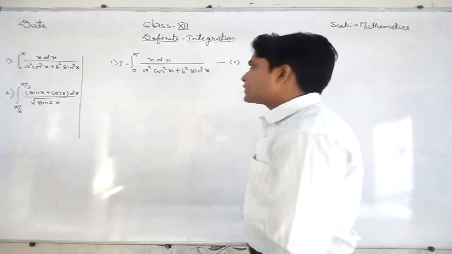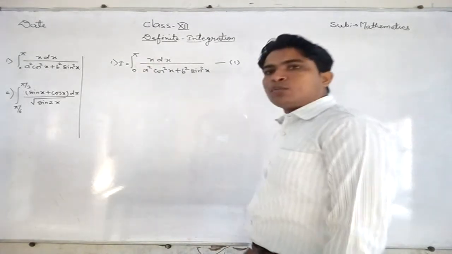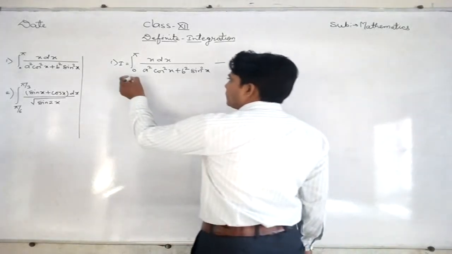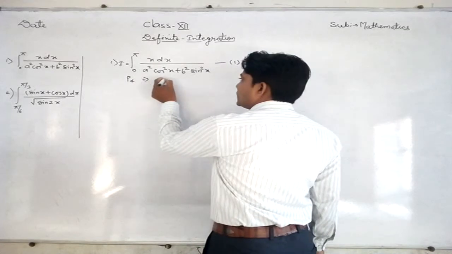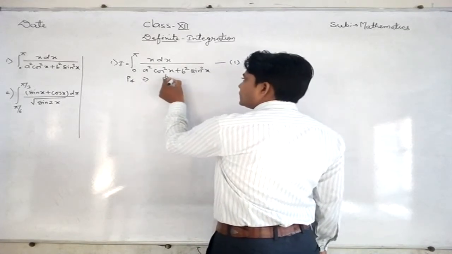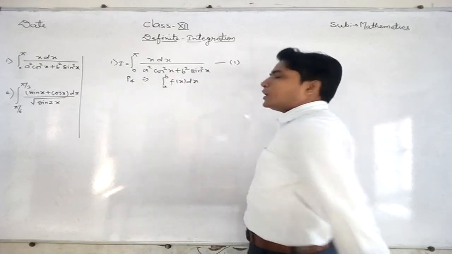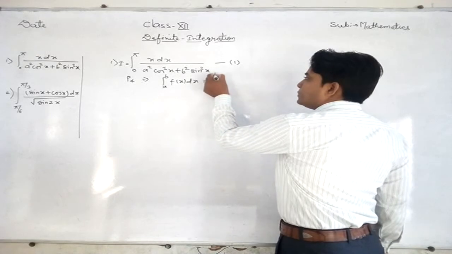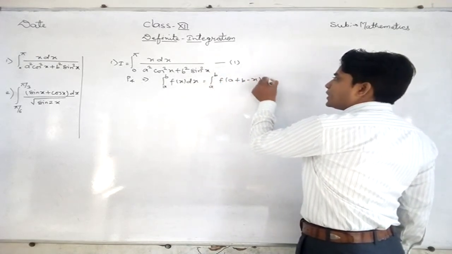First of all, to remove the x from the numerator, we apply property number P4. What is property P4? If the function is given with the limit a to b, then integral of f(x) dx from a to b can be written as integral of f(a plus b minus x) dx. Is that clear?